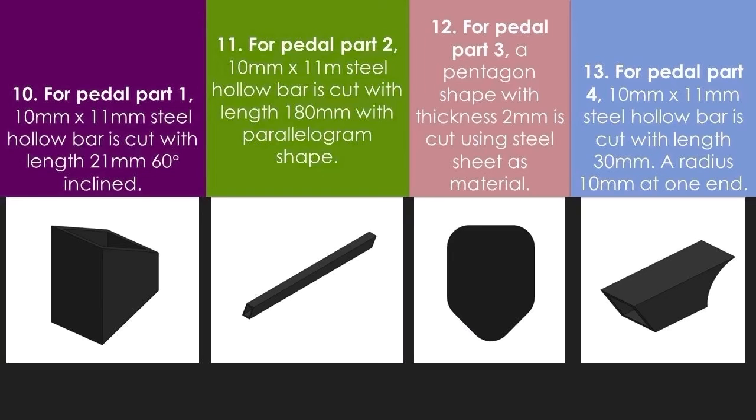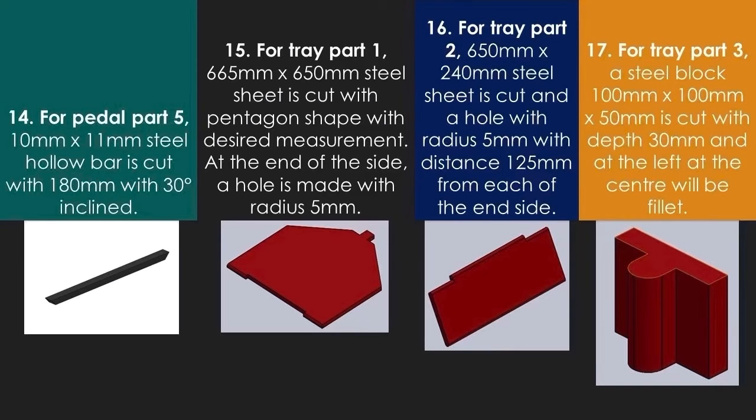For pedal part 3, a pentagon shape with thickness 2mm is cut using steel sheet as the material. For pedal part 4, 10 x 11mm steel hollow bar is cut with the length 30mm, a radius 10mm at the other end. For pedal part 5, 10 x 11mm steel hollow bar is cut with 180mm with 30° incline.